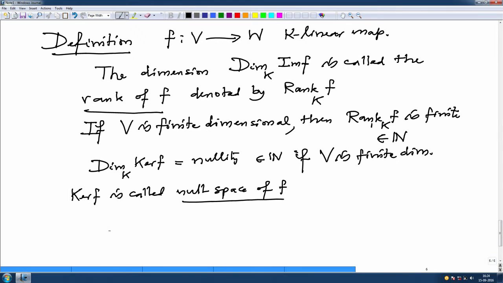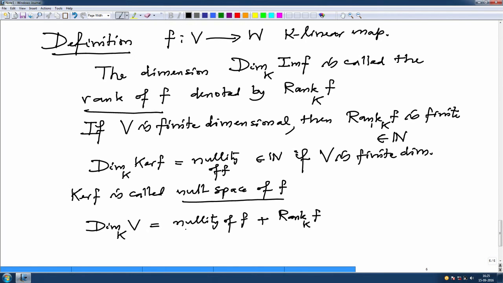So, the rank theorem simply says, if V is finite dimensional, then dimension of V equals nullity of F plus rank of F. So, it is also sometimes known as the rank nullity theorem. I will not use this terminology, I will stick to the rank theorem.